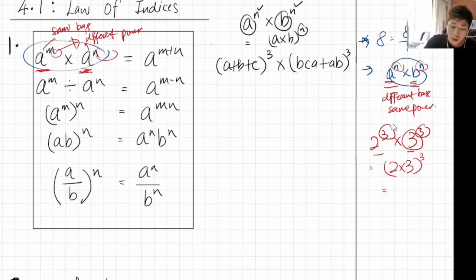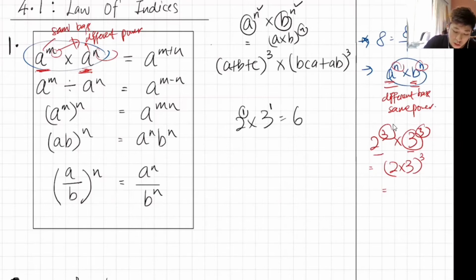If you think about simple things in a complex manner, you realize, 2 times 3, why can I multiply them? Because it becomes 6. 2 is actually 2 to the power of 1 and 3 is 3 to the power of 1.